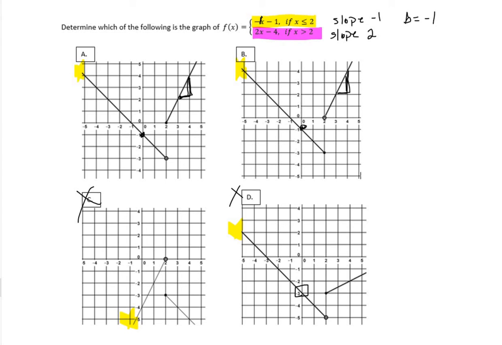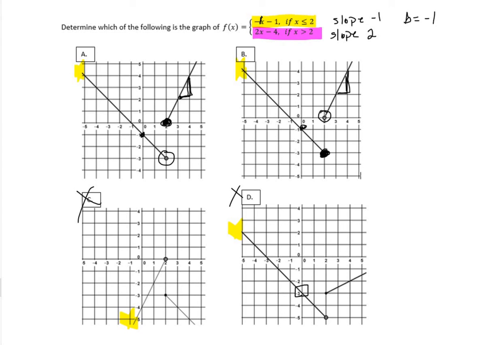On this first graph, the point 2 is included right here, and on choice B, the point at the x value of 2 is included on this part of the graph. And there's an open circle here, there's an open circle here. So which one of these graphs is correct?